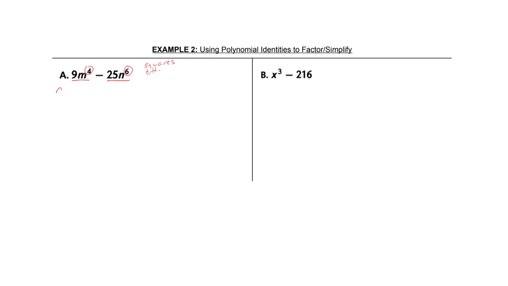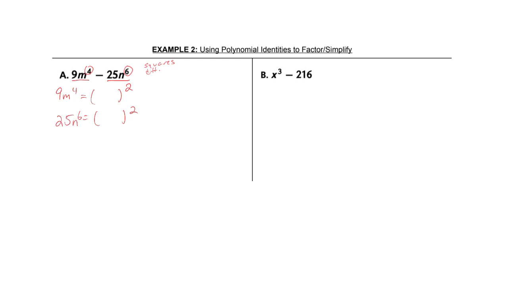So 9m to the 4th, we want to find out how we can take out a square. So we're going to undo squaring to get that 9m to the 4th. Okay, so what goes in the parentheses is what squared gives us 9m to the 4th. Same thing for 25n to the 6th. What squared gives us 25n to the 6th.